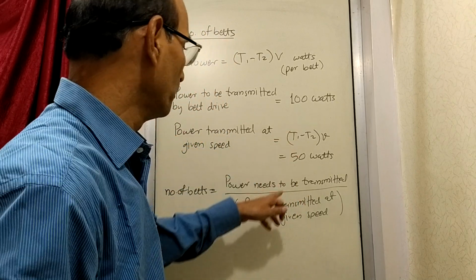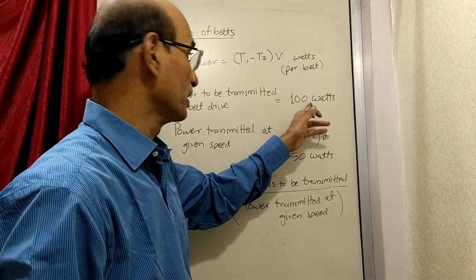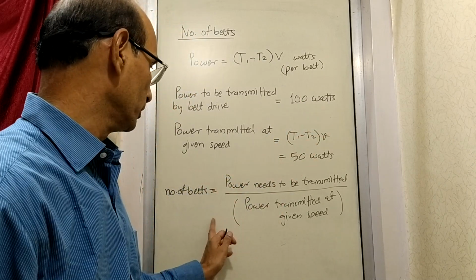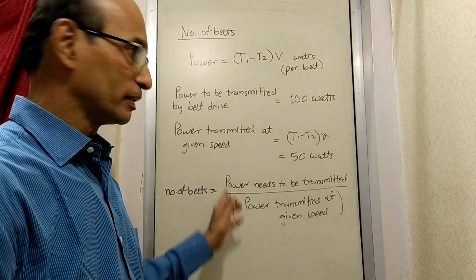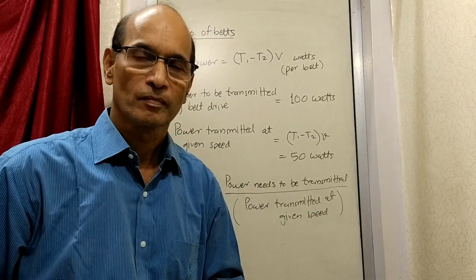So in this example, power transmitted at given speed is 50 watts, whereas what power you want to transmit is 100 watts. So you will require 100 upon 50, 2 number of belts. Like that, you can calculate how many belts you require in a given situation. And jot this down.